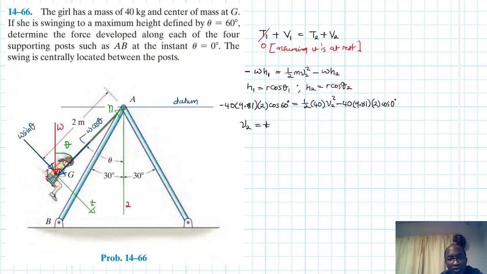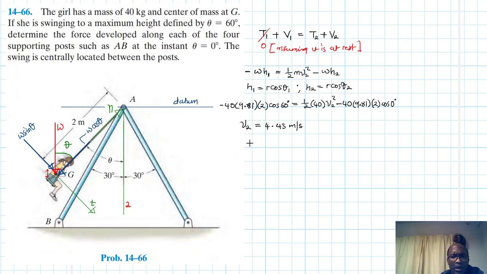So we have our v2 as 4.43 meters per second. So we have our v2.